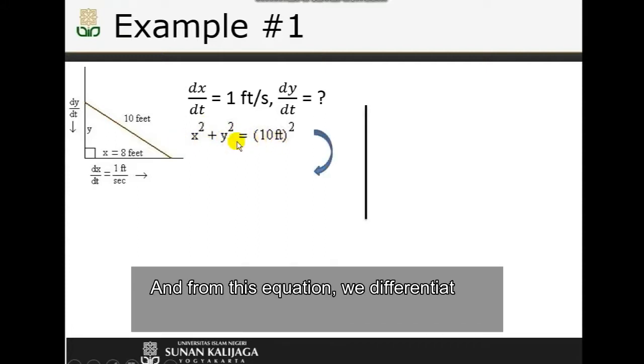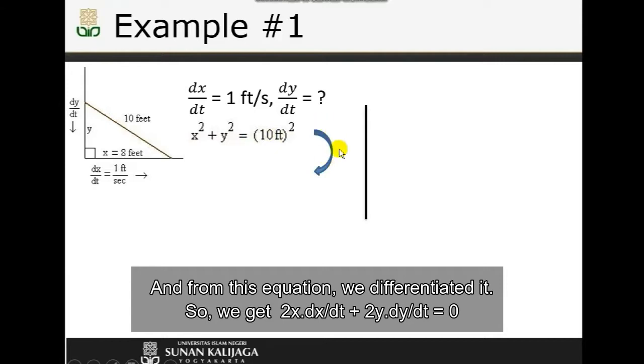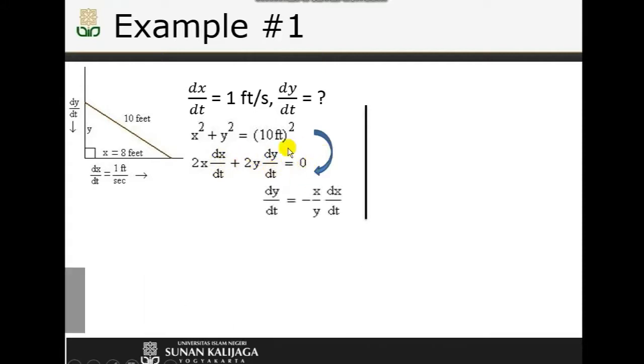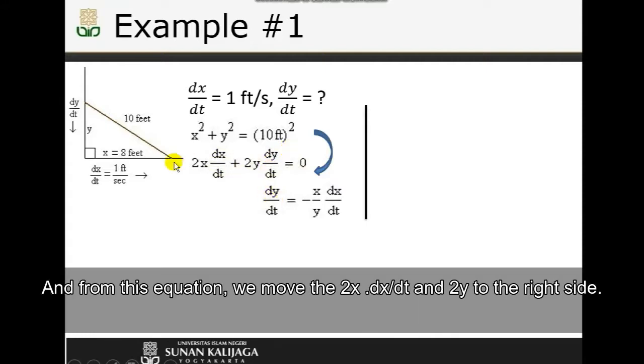From this equation, we get 2x dx over dt plus 2y dy over dt equals 0. From this equation, we move the 2x dx over dt to the right side, and we get dy over dt equals minus x over y times dx over dt.